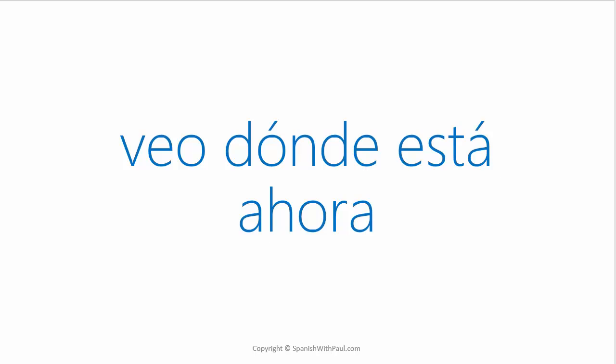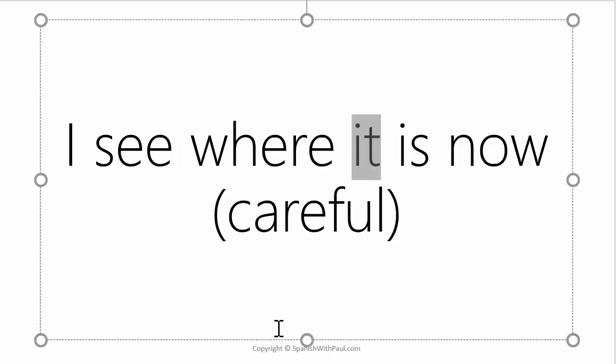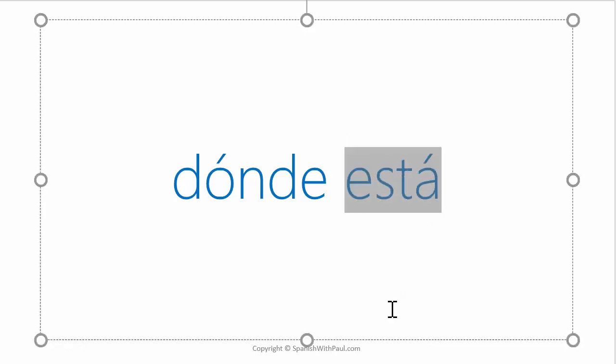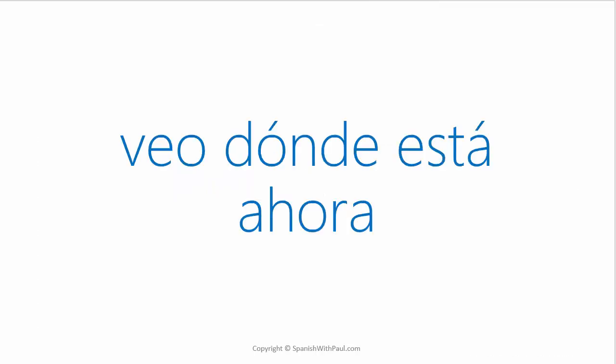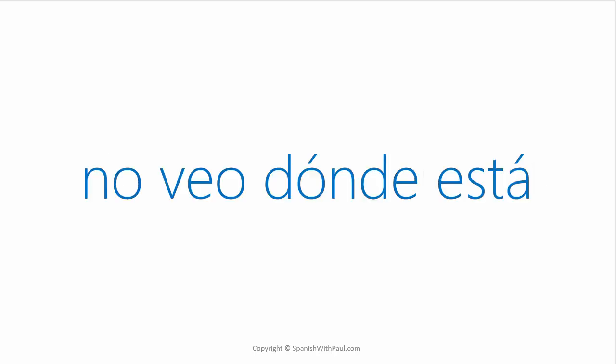The reason I told you to be careful is because we have the pronoun it here. But this it is already contained within donde está, where it is. So there's no need for lo. That's why we get veo donde está ahora. How would you say, I don't see where it is? No veo donde está.